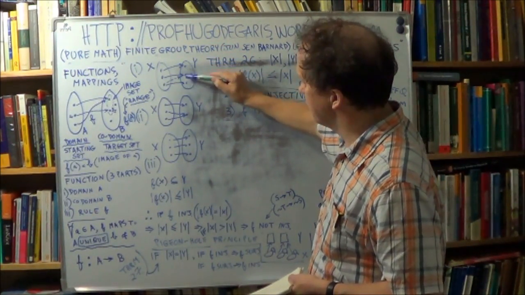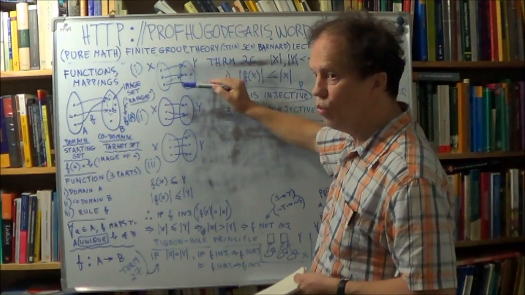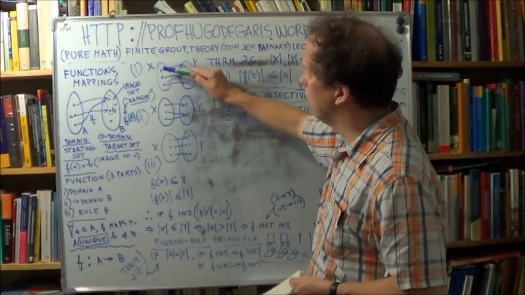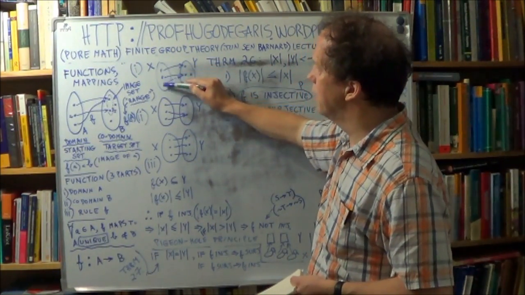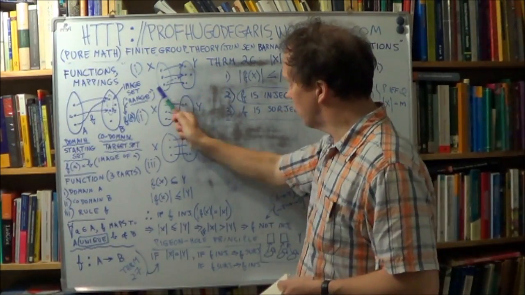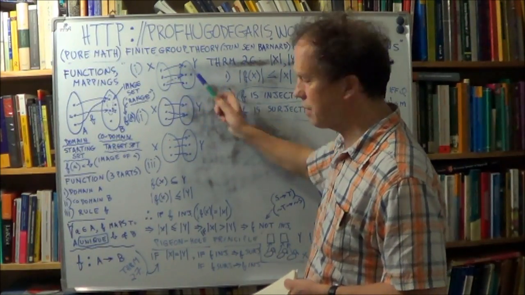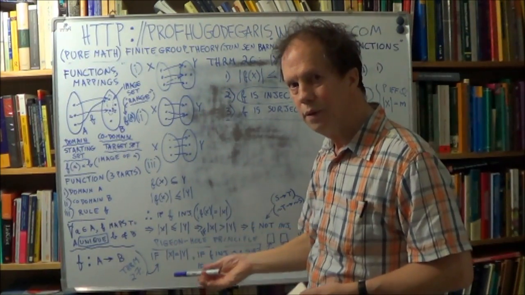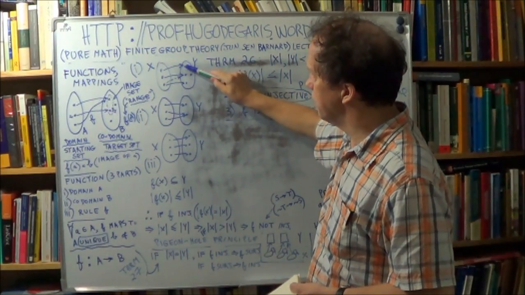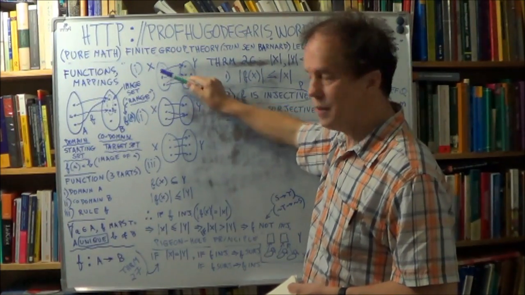So by definition, the size of your image set, mapped to once, must include all the elements of your starting set, because they get mapped once. So one here will be one there, one here, one there. It's one-to-one. So for each element in your image set, there's a corresponding element in your starting set.